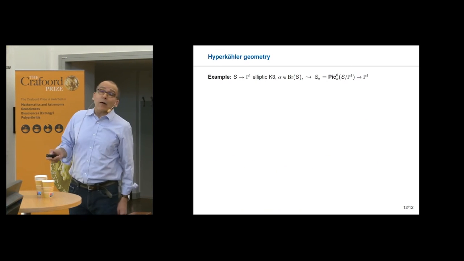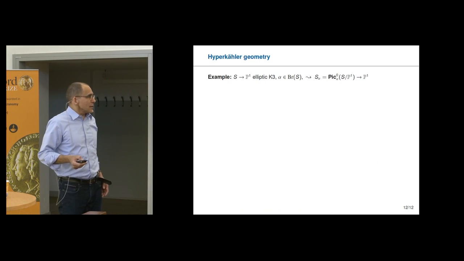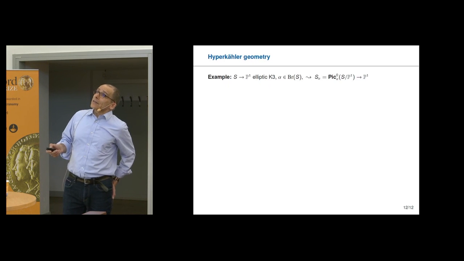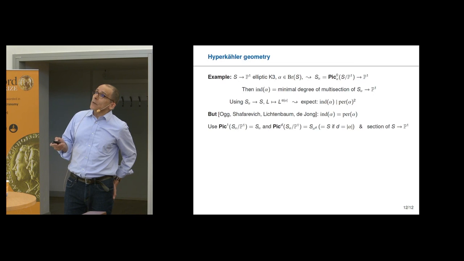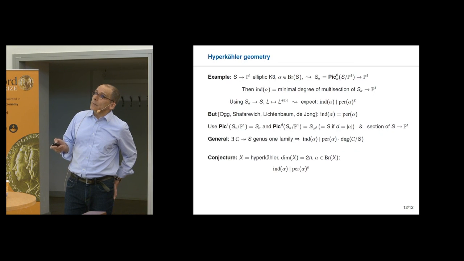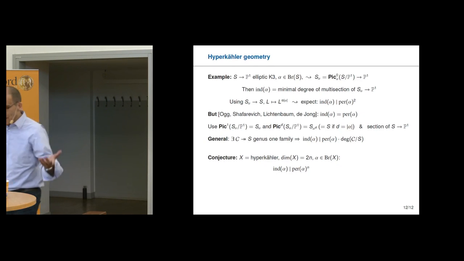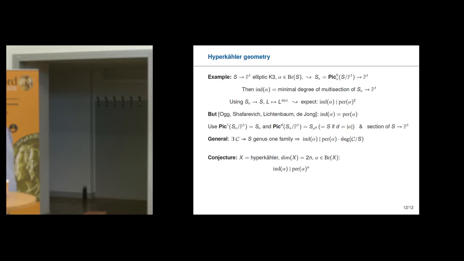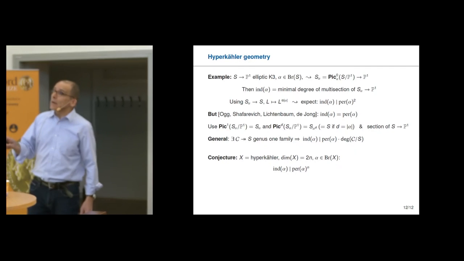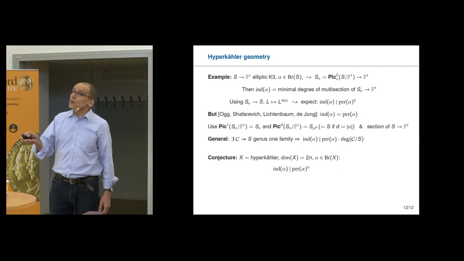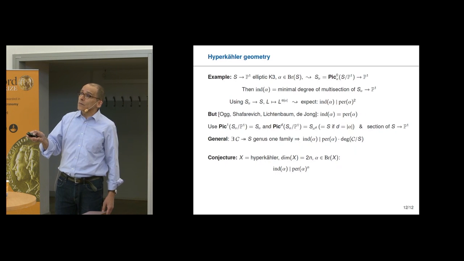Okay. I want to finish with something on hyperkähler. Just very quickly, maybe I'll just skip over the first half and, I'm running out of time, give you this conjecture. So it's more of a speculation. So you could ask yourself, if I have a hyperkähler manifold of dimension 2n, so the dimension of a hyperkähler manifold is always even, and then the question is there something stronger true than predicted by the conjecture of Colliot-Thélène?